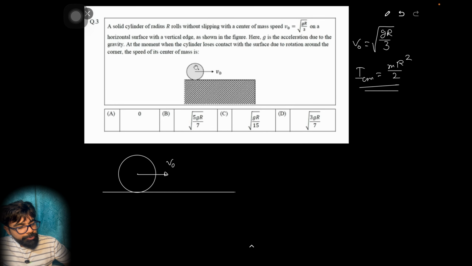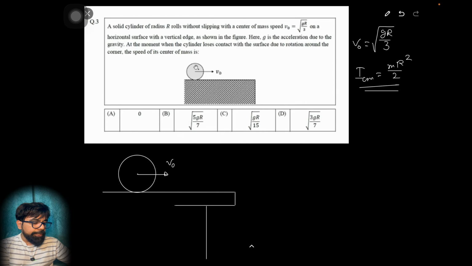Here G is the acceleration due to gravity. At the moment when the cylinder loses contact with the surface due to rotation around the corner, we have to calculate the speed of its center of mass. So this rolling object is going to lose contact with the edge of the table.